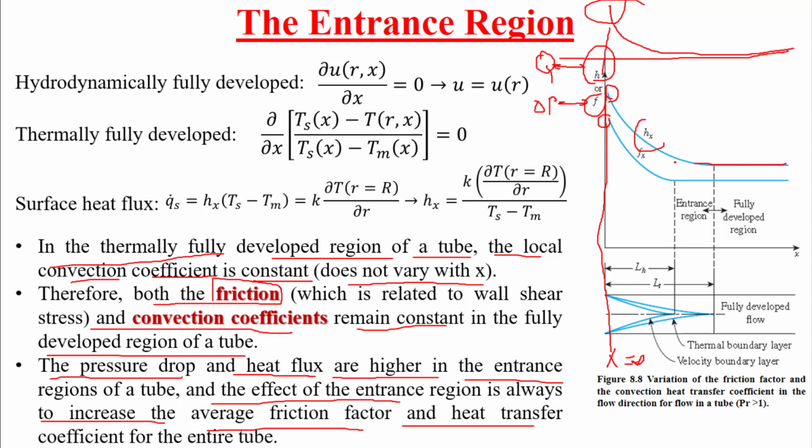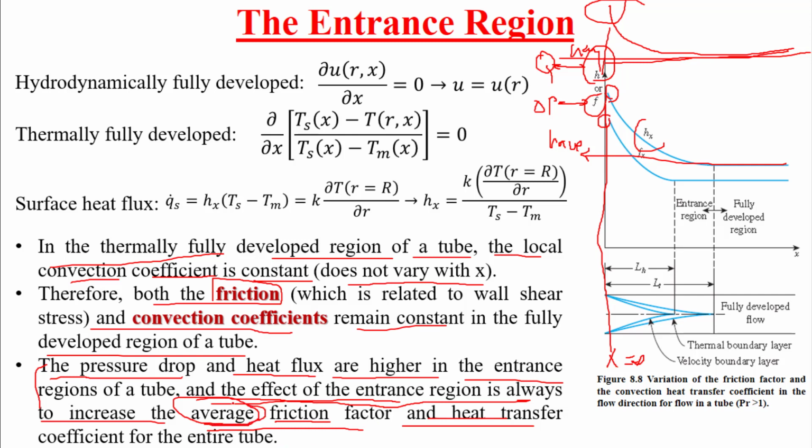So instead of having this average value, h average here, if you have a very strong effect from the entrance region, this average value becomes even higher. This is the meaning of this sentence: the effect of the entrance region is always to increase the average friction and h, for both.